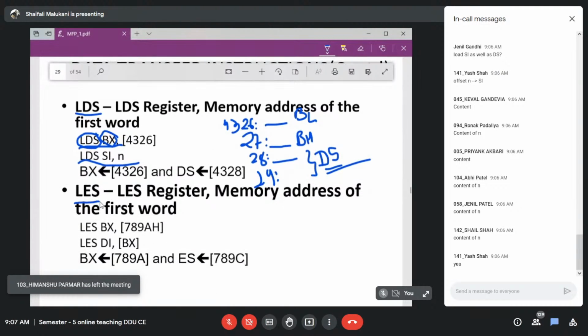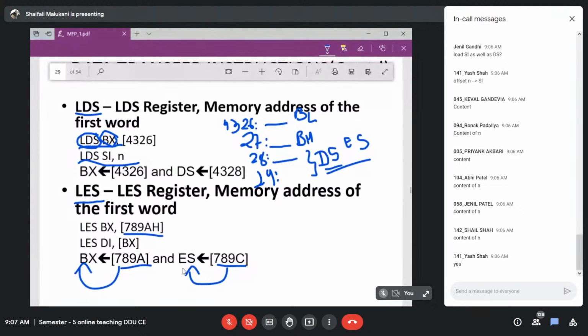This is what LES does, like LDS. Now you don't load DS. Instead, you load ES, the extra segment register. That's it. So at this location, whatever the content is, load it to BX, and the next location, that is the pointer incremented by 2, should be loaded to ES.